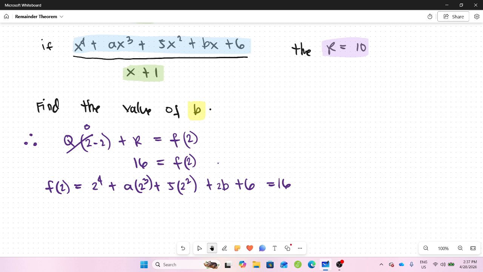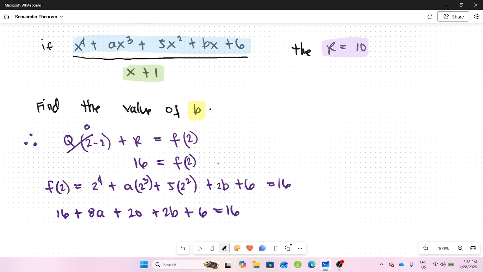So 2 to the power of 4, we get 16. So 16 plus 2 to the power of 3, that's 8, so we have 8a, plus 2 times 2 is 4. 4 times 5 is 20, plus 2b plus 6 equals 16.